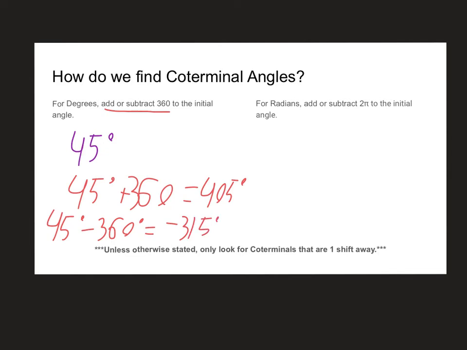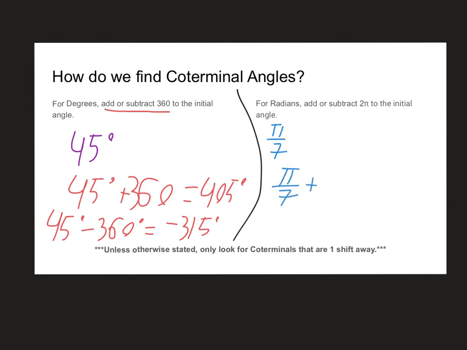For radians, we'll do something similar. We'll add or subtract 2 pi, or a fraction that is equivalent to 2 pi. Let's say I had a measurement of pi over 7 and I want to find 2 coterminal angles for it. I'd add 2 pi to my pi over 7.